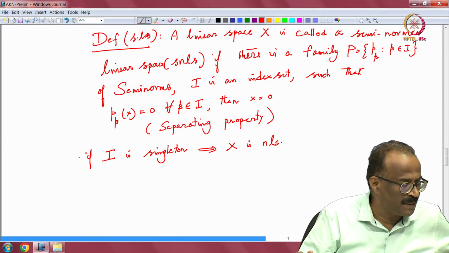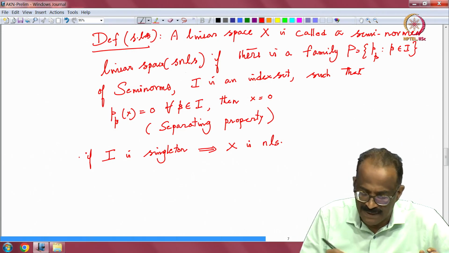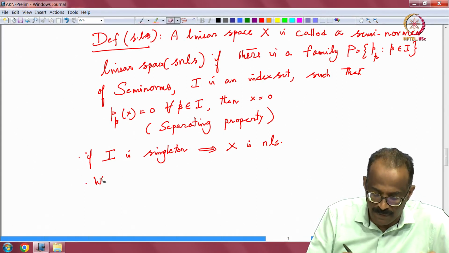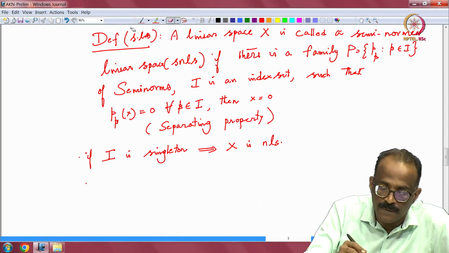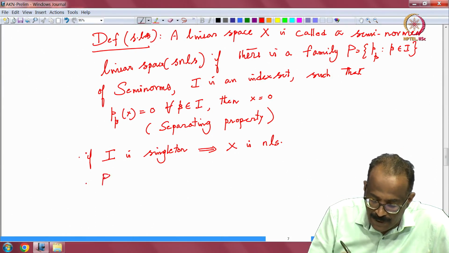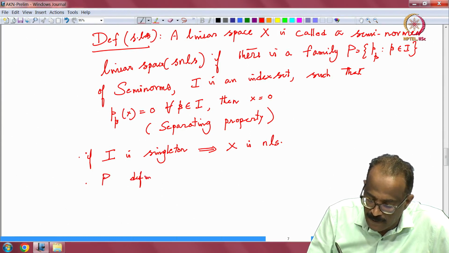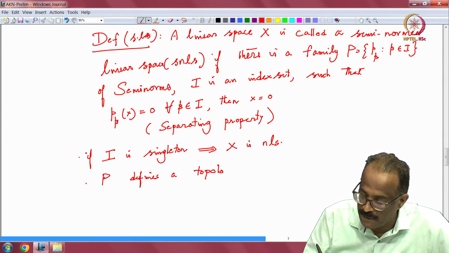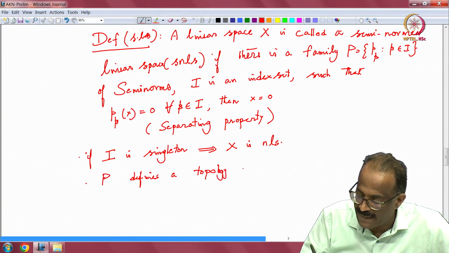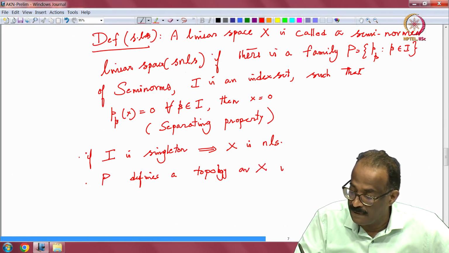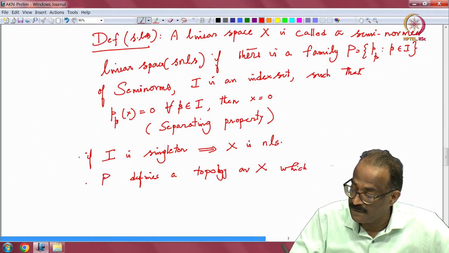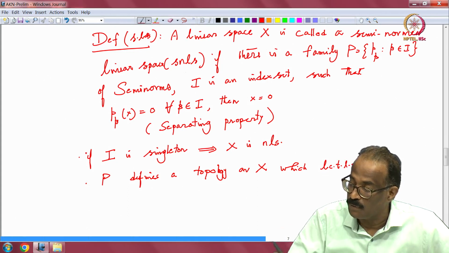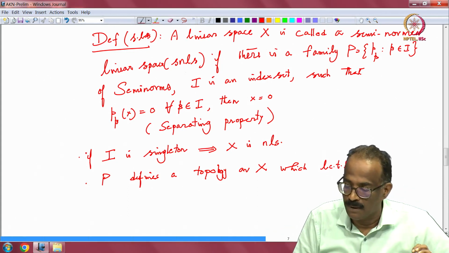So, let us do something more. As I said, the family P defines a topology on X, which is a locally convex topological linear space, with a host of topology which we will define.